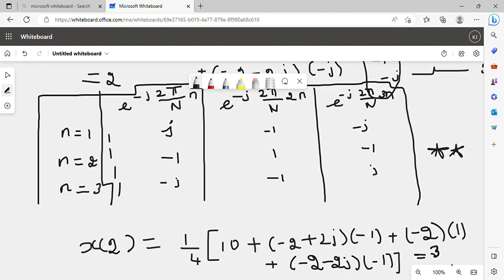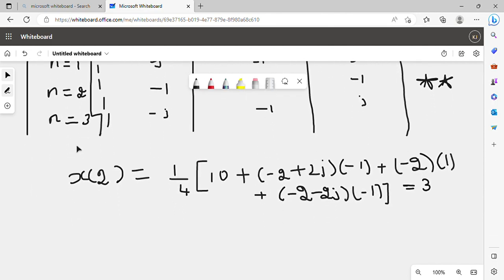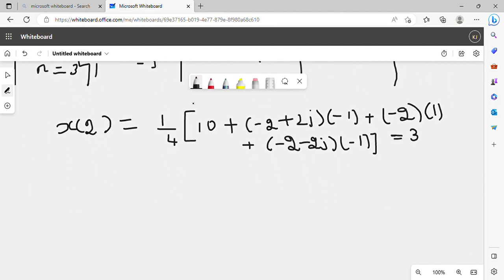Okay, so it's n is equal to 3. Now if I take my x of 3, so for n is equal to 3, my x of 3 is equal to what?